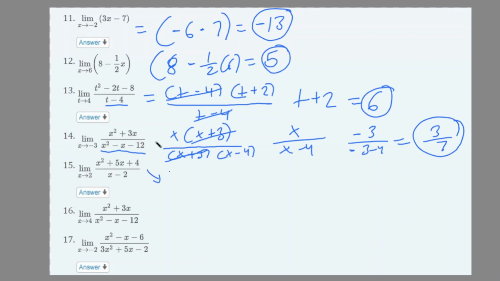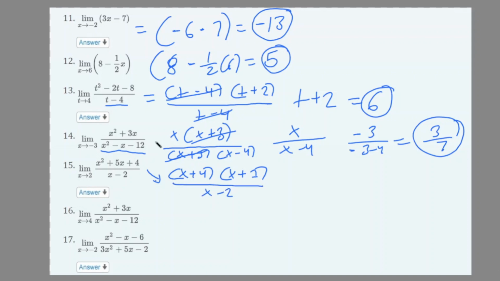So now for number 15, same thing here. If you plug into the denominator, that gives you an undefined answer. So let's factor the top. We have x, and then on the top we can factor it into x plus 4 and x plus 1, and then on the bottom is x minus 2.